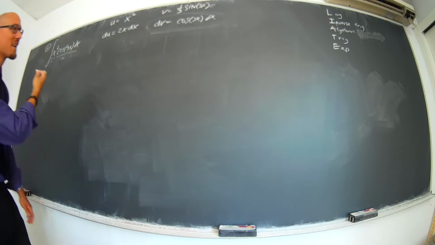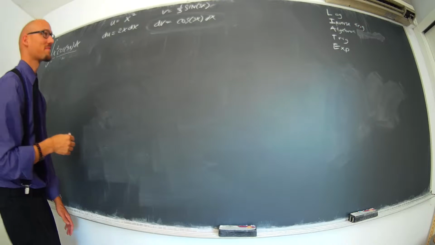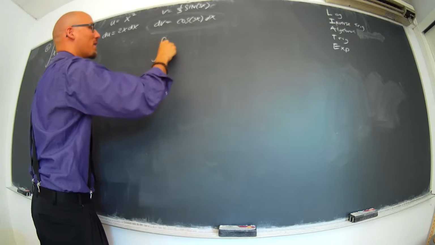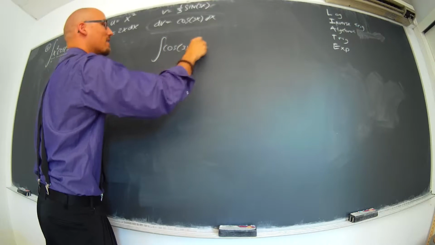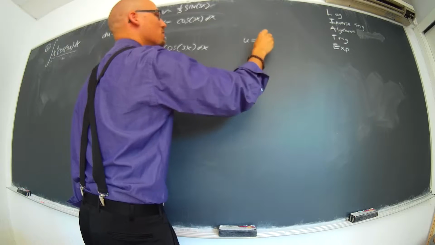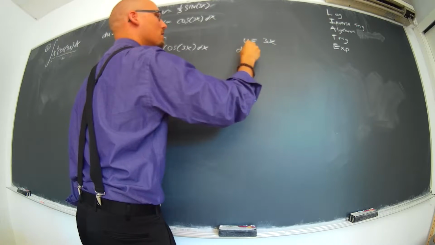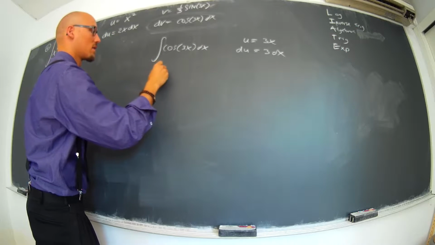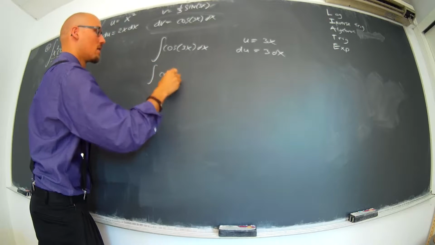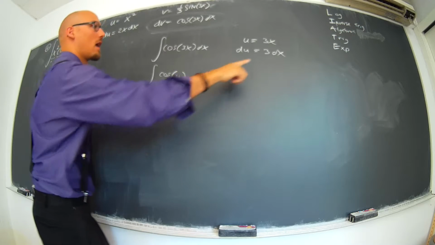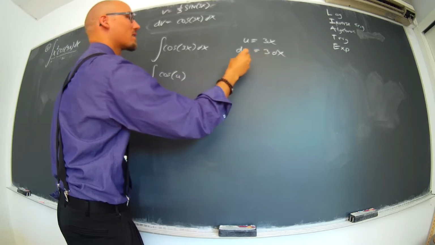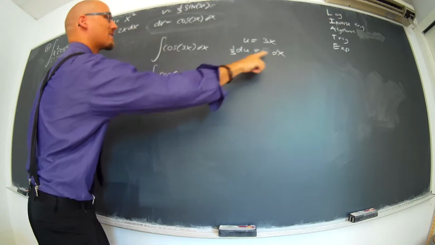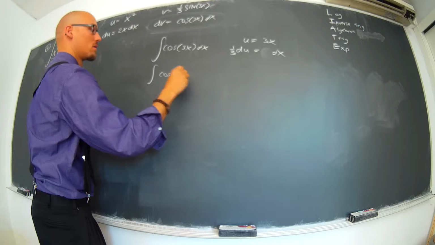Can you show us the u sub? Okay, so the integral of cosine of 3x dx, we'll set u equal to 3x, du is 3 dx. Let's substitute: cosine of u. Now this is 3 dx, so we're going to divide by 3 so that dx is equal to a third du.